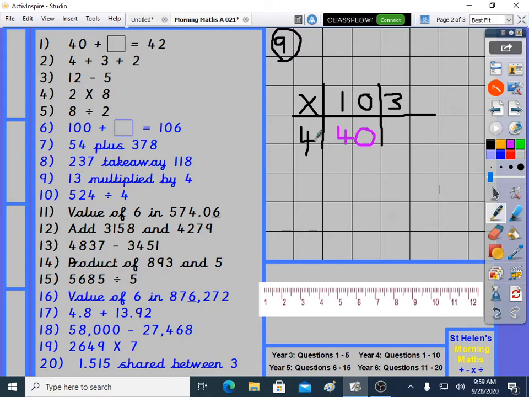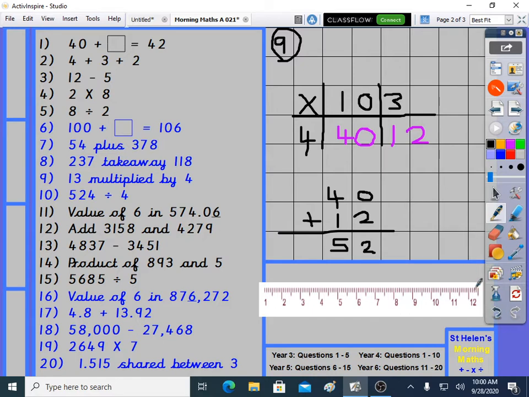And in this space we'll do 4 times 3 because they line up with each other. 4, 8, 12. So we have 40 and 12. We have two answers which we have to add together at the end. You can add them with column method, or you might just be able to see that it's 52. 40 plus 12 is 52. And that's question 9 done.